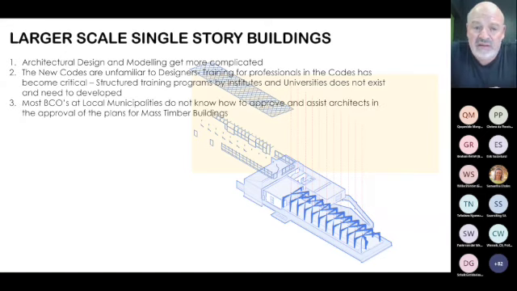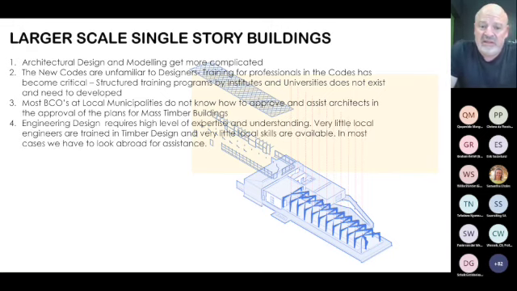Most BCOs, that's building control officers at local municipalities, do not know how to approve or assist architects in approval of these plans for mass timber buildings. Similarly, engineering design requires a high level of expertise and understanding, and there's very little local engineers are trained in timber design, and very little local skills are available. In most cases, we have to look for assistance abroad.